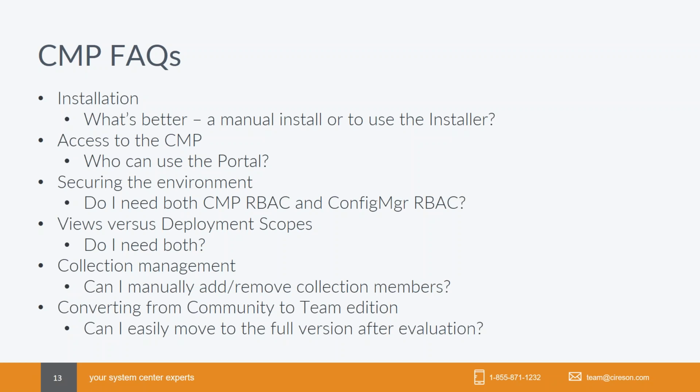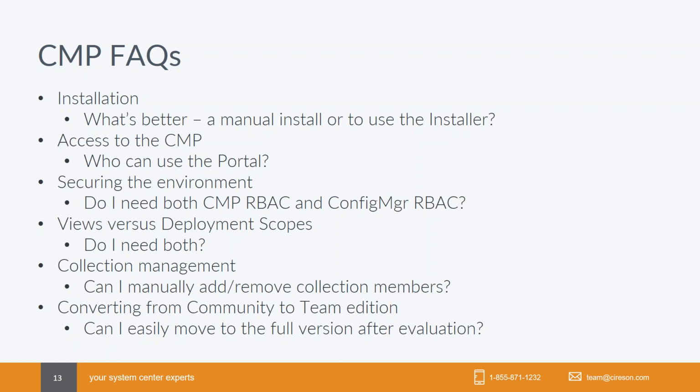If you're a customer who has not invested any time or very little time into Configuration Manager's role-based administration, in other words, you only have a small set of people that are allowed to use the ConfigMan console because they don't have login IDs or administrative users in Config Manager, then you don't need to invest any more time in that. You can control that through that process I was just showing you.